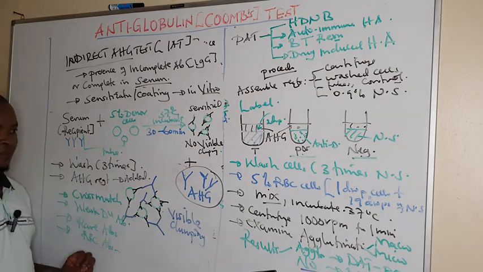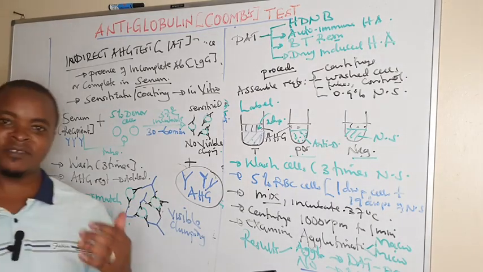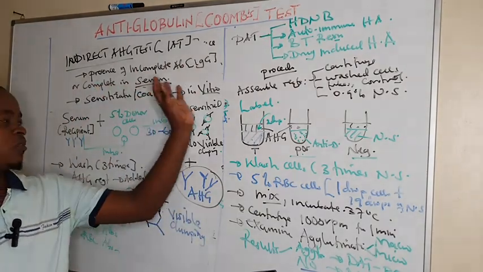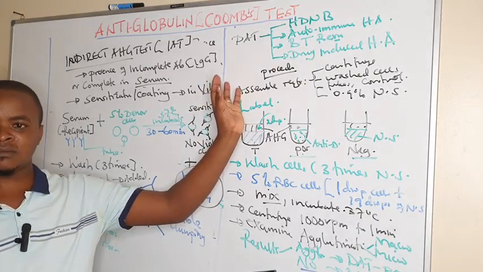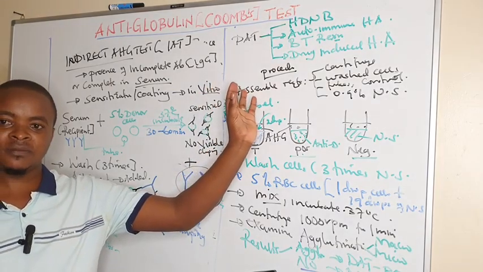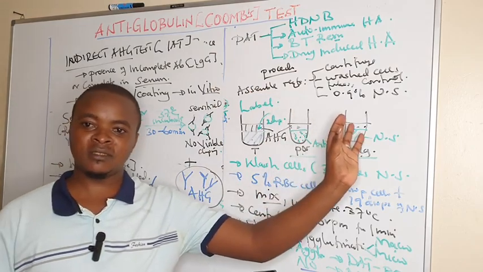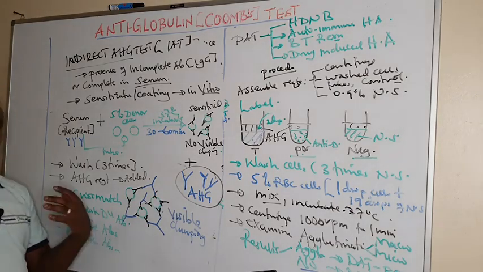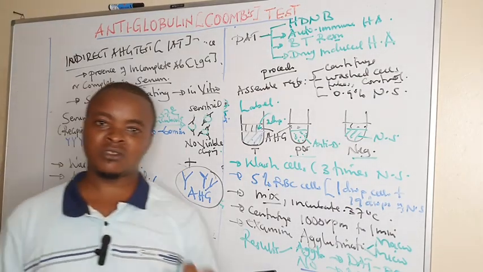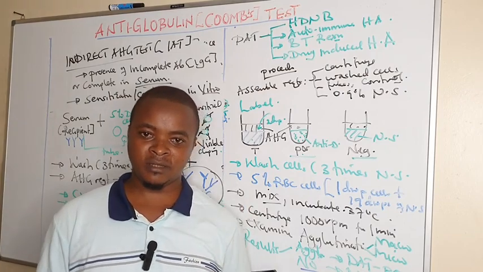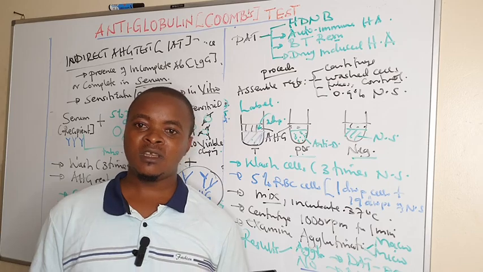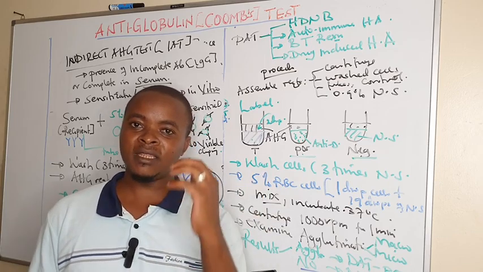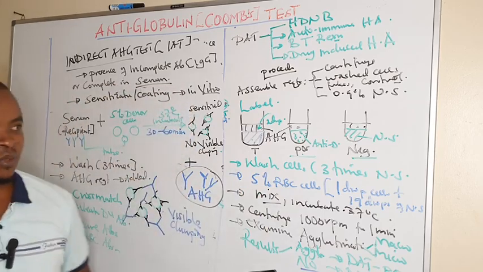So thank you so much for learning with us, whereby we have looked at many things. We have looked at production of anti-human globulin by injecting animals with human globulins, then collecting polyclonal or monoclonal antibodies. We saw the purpose is to demonstrate incomplete antibodies or complement, which sensitize cells without visible clumping, so we add this anti-human globulin to produce visible clumping.